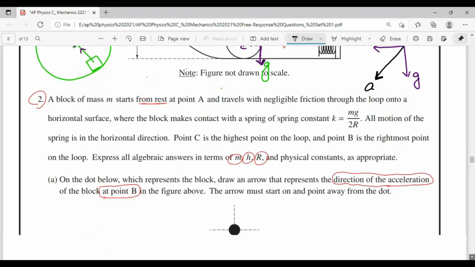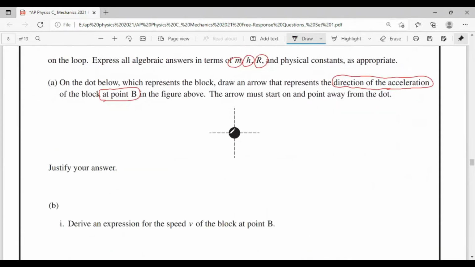We have to draw this on this dot diagram, right? So draw an arrow that represents the direction of the acceleration of the block at point B. The direction of acceleration will be like this. This is the direction of acceleration at point B.